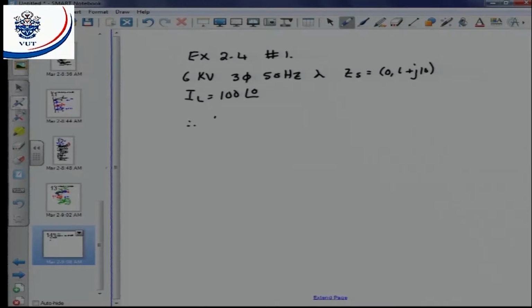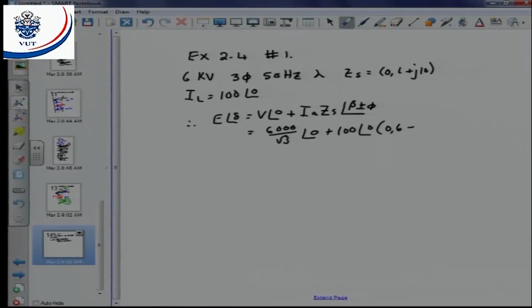Therefore you can calculate the induced EMF per phase, which is 6000 divided by square root 3 angle 0 plus 100 angle 0 times 0.6 plus j10. That gives us a value.